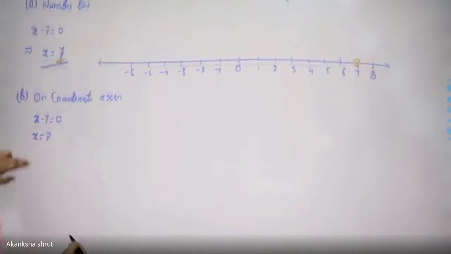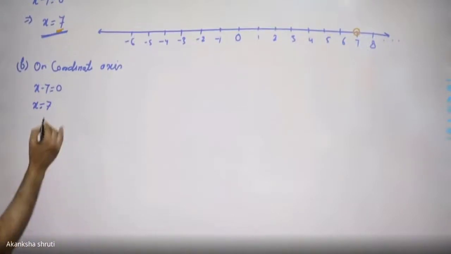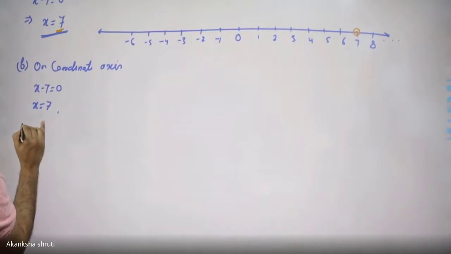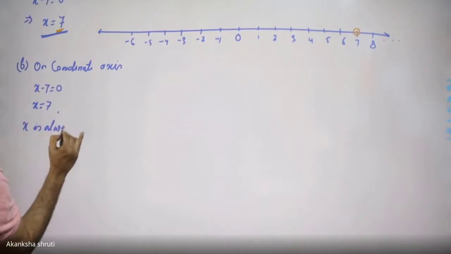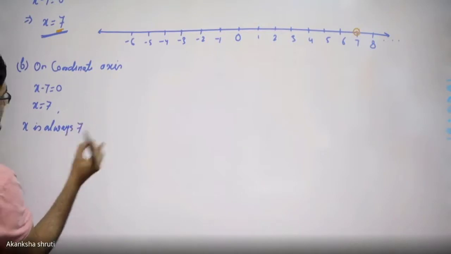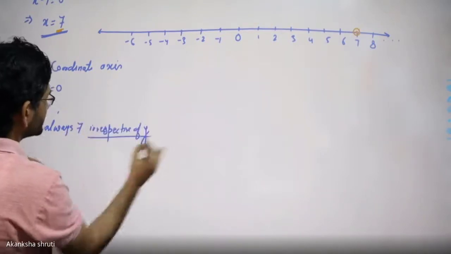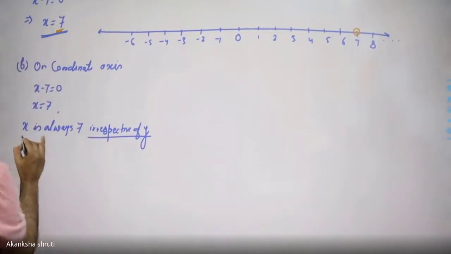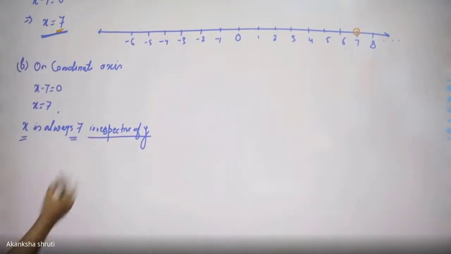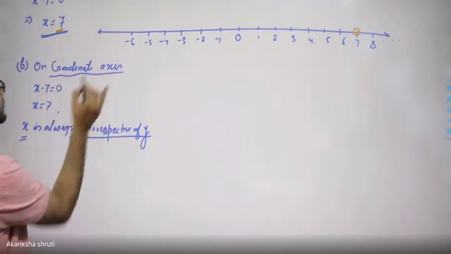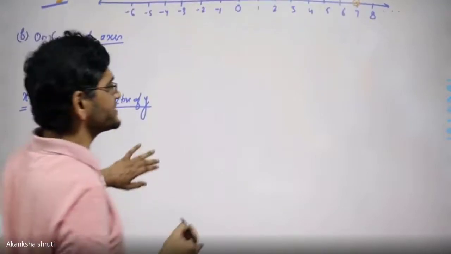Students, does it depend on y? This x value is 7. X is always 7 irrespective of y. Whatever the value of y, that doesn't matter because x is always 7, because y is not involved here. Why is y considered? Because now we are going to plot on the coordinate system.